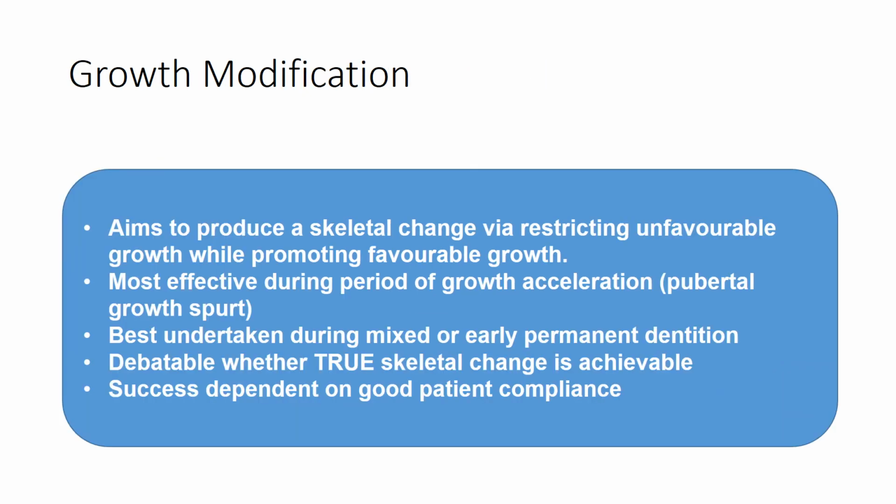Now, growth modification aims to produce a skeletal change by restricting unfavorable growth while promoting favorable growth. This treatment modality is most effective during a period of growth acceleration, usually the pubertal growth spurt, meaning it is best undertaken during the mixed or early permanent dentition.